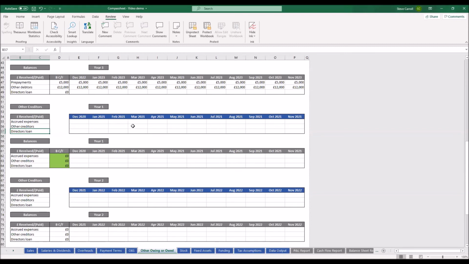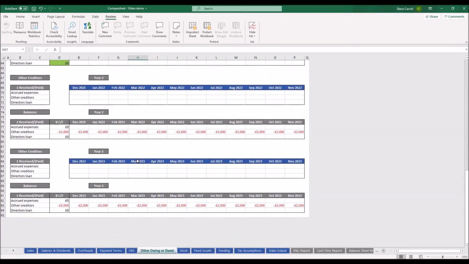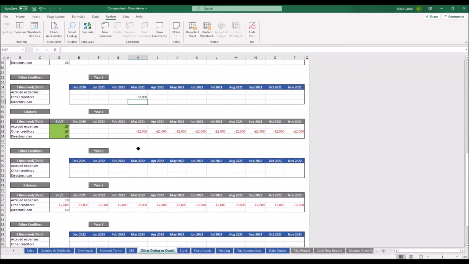In a similar way, amounts received: if we receive £2,000, we will owe that person £2,000. So that shows as a negative amount owed, and that's the same for years 1, 2 and 3.